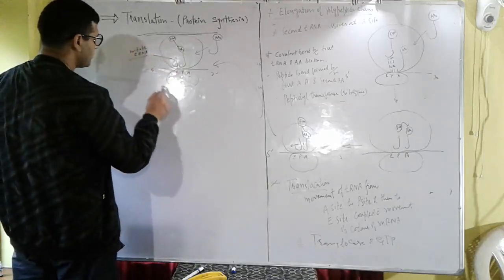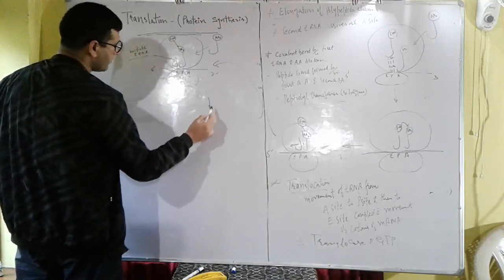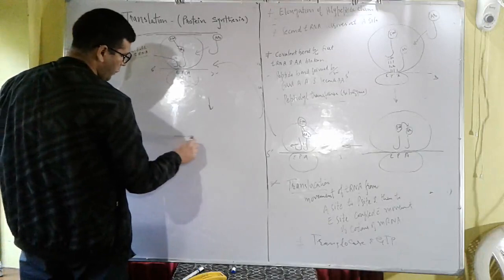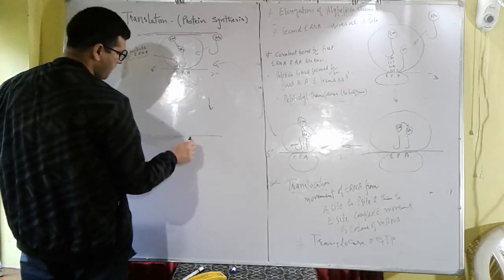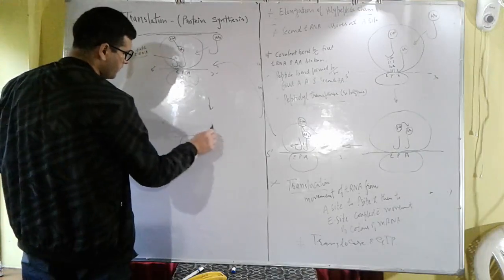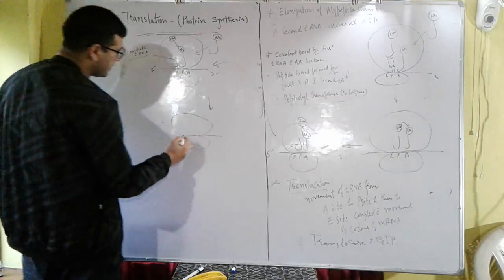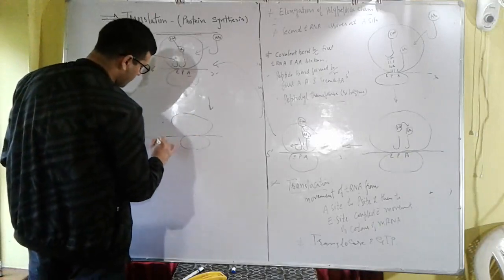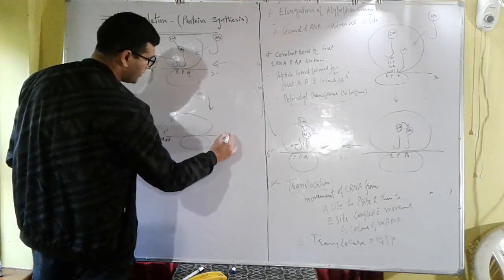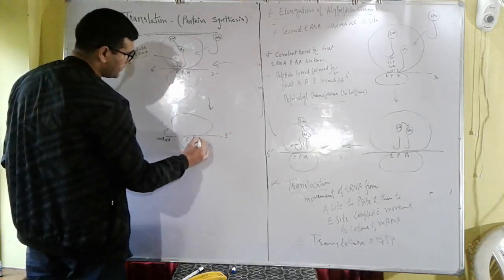So it would be like this. We have messenger RNA, 5' end, 3' end. Then we have E site, P site, A site.